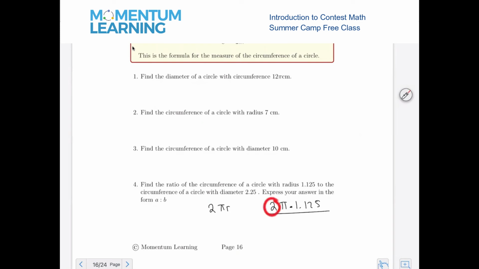We know that 2 times the radius is the diameter, so I can just say pi times 2.25. And what is the ratio going to be here? Pi will cancel. We know that 2 times 1.125 is 2.25. So the answer would simply be 1.